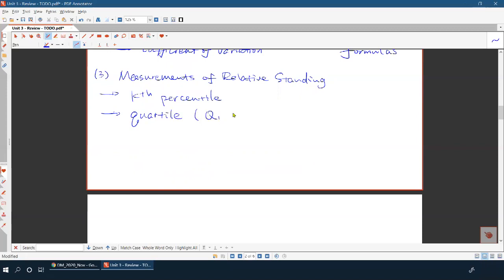Which means Q1, Q2, and Q3. Okay, Q1 is actually P25, Q2 is P50. Also, we call Q2 median. Q3 is actually P75.